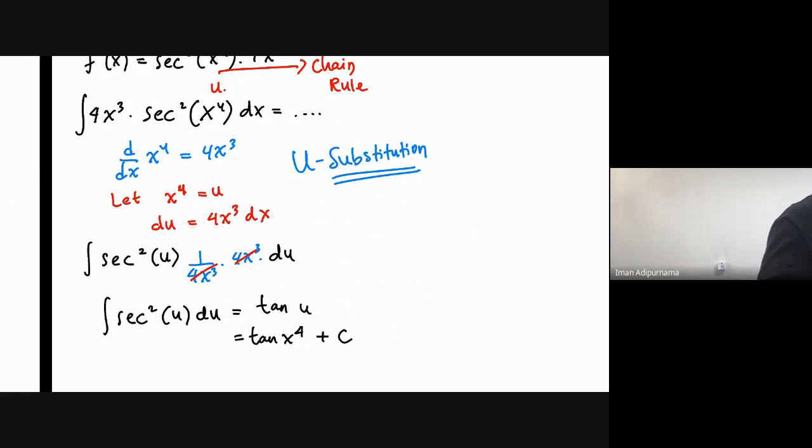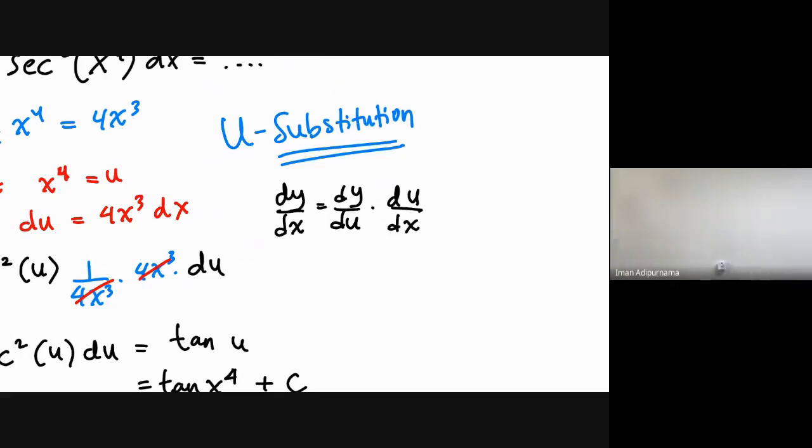If you want to look at where the chain rule is, it is from here. That's why we are using the u as a gap between the functions and the x.